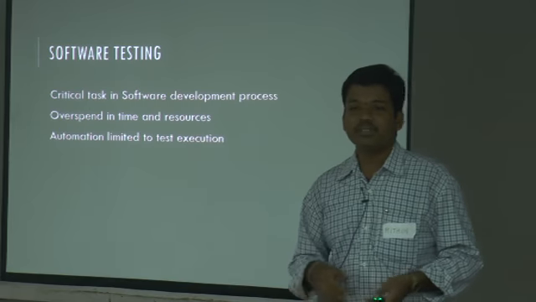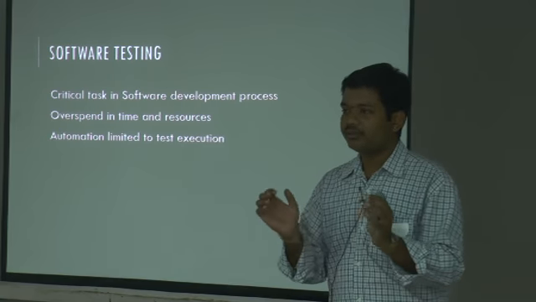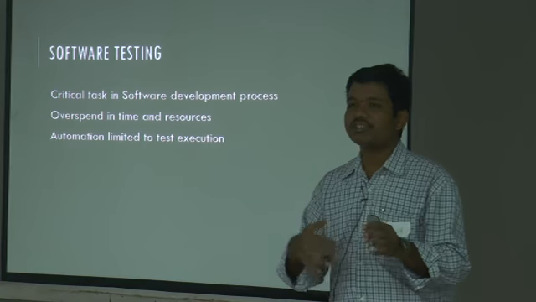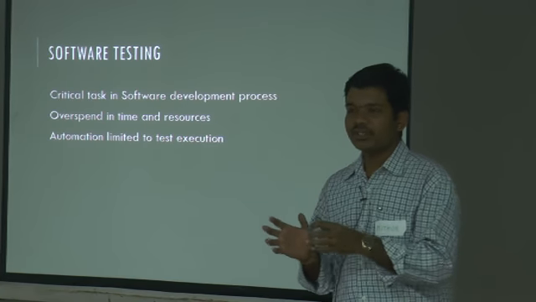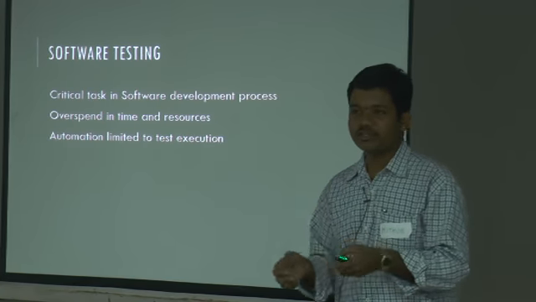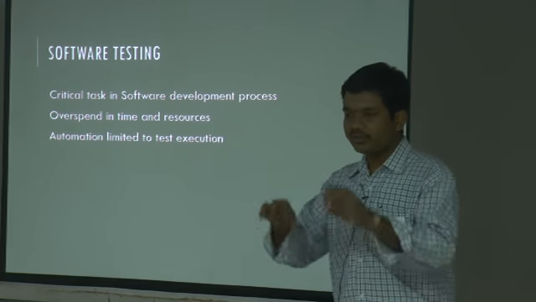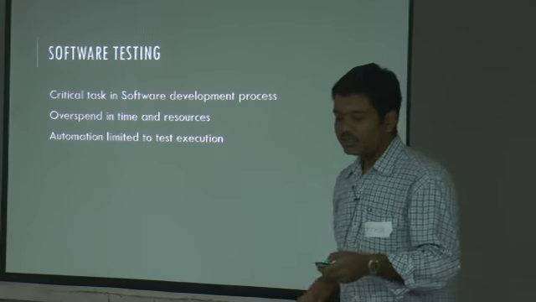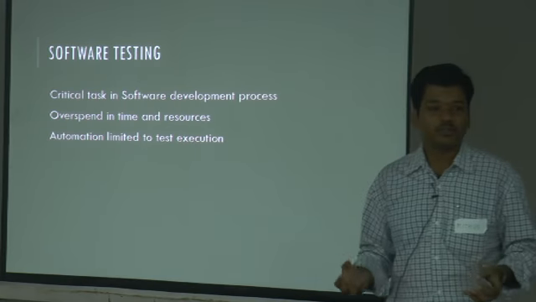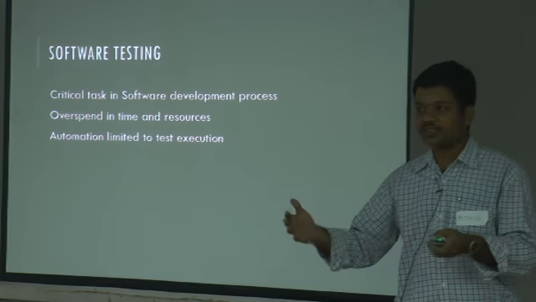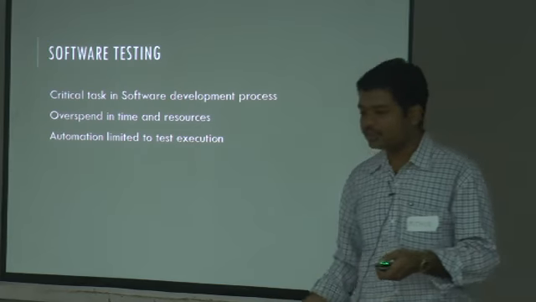So automation has been limited to a very small scope of execution only. We don't really use it for pre-execution and post-execution. So this is the entire problem space. We want to have some automation at the pre-execution and post-execution phases. Can machine learning help us?